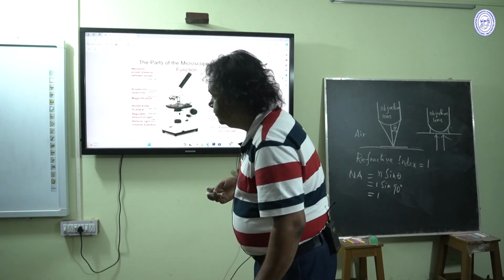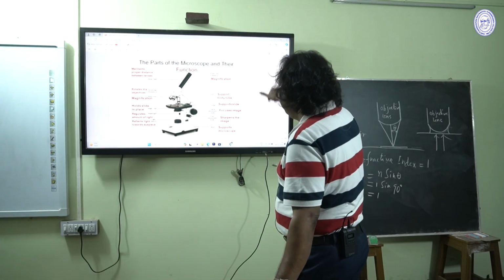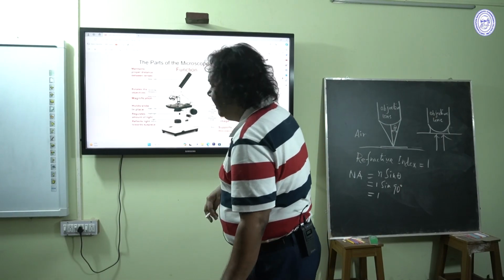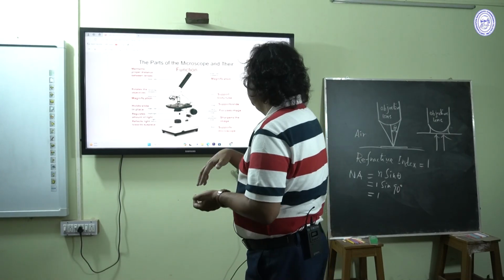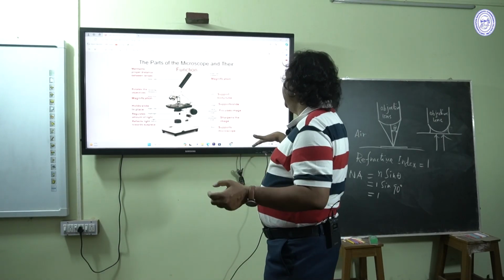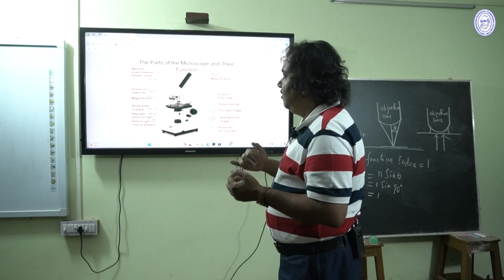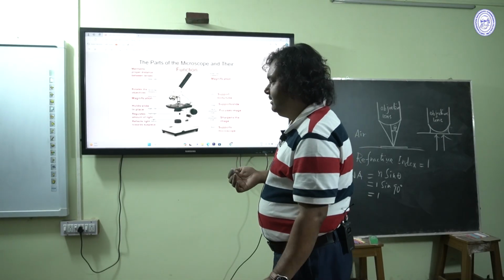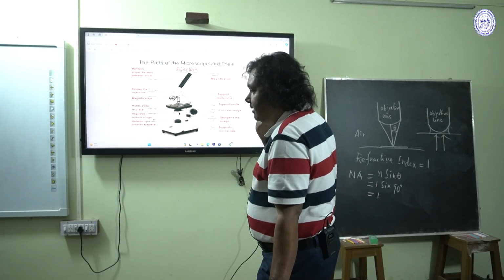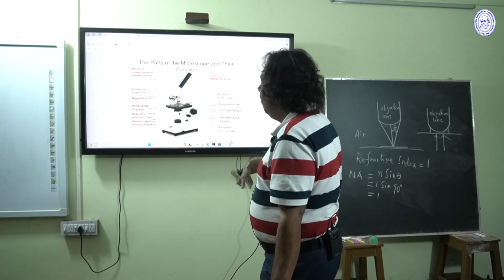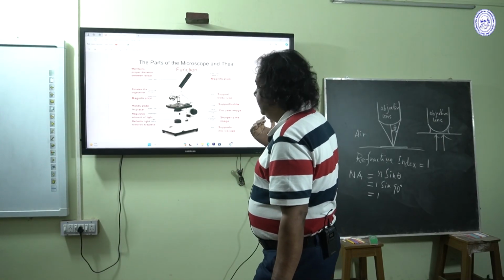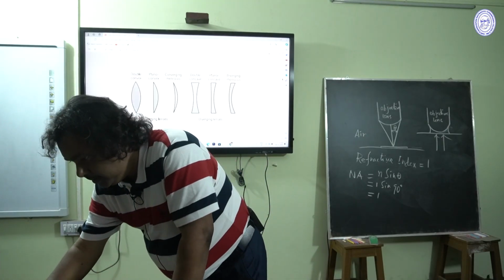Various parts are present, and they are divided into 2 major groups. One is mechanical parts, another is optical parts. In optical parts, the condenser, objective lens, and ocular lens are present.